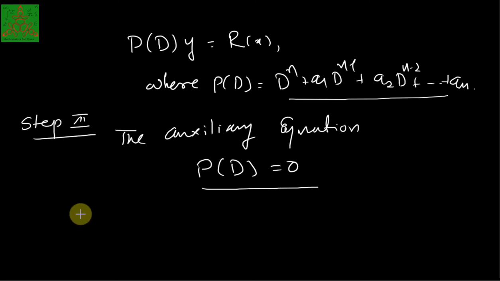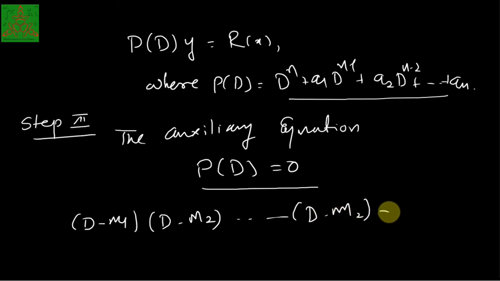So we can factorize it into the form (D minus m1)(D minus m2) up to (D minus mn) equal to 0. So m1, m2 up to mn are the roots of this polynomial. That is step 3, to factorize this polynomial.